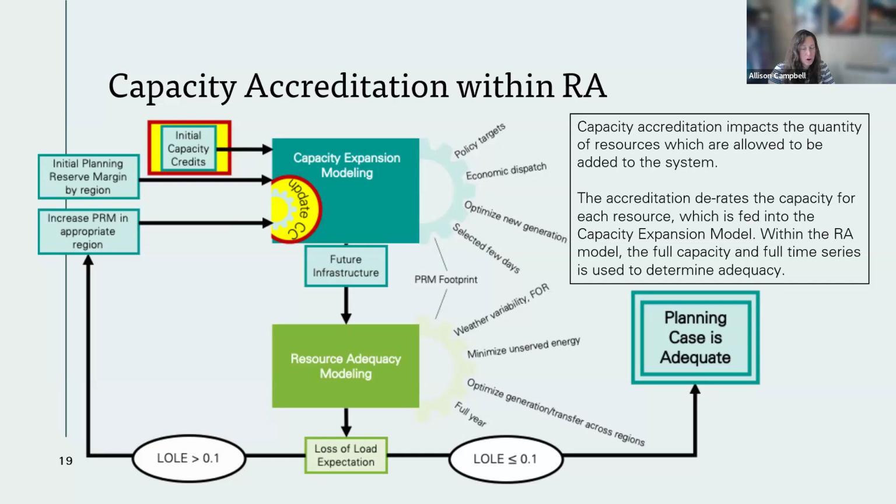And then within the RA model, the full capacity, I just want to underline that. We've derated the capacity of the individual resource in capacity expansion because we're only looking at a slice of that resource's production. But in resource adequacy, we don't derate the capacity because we use the full time series. So we're looking at the 8760. Next slide, please.